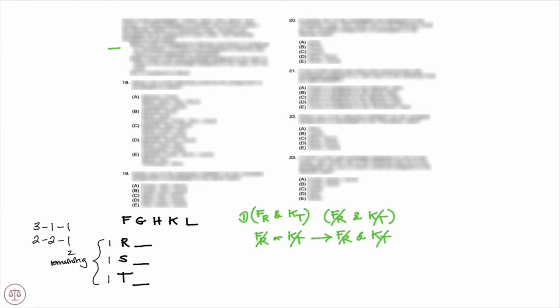So if Frank is not in R or Kevin is not in T, well then neither Frank is in R nor Kevin is in T, right? The contrapositive would be if Frank is in R or Kevin is in T, then Frank is in R and Kevin is in T.